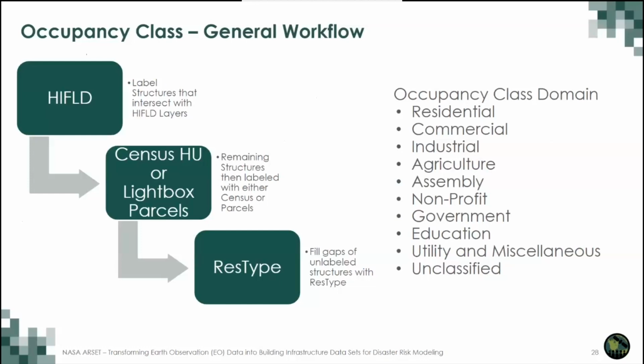And then if there's still anything remaining that is unlabeled, we have another machine learning model that can analyze building morphologies. It'll analyze the building morphology of a structure, and it'll be able to classify it fairly accurately as either residential or non-residential.